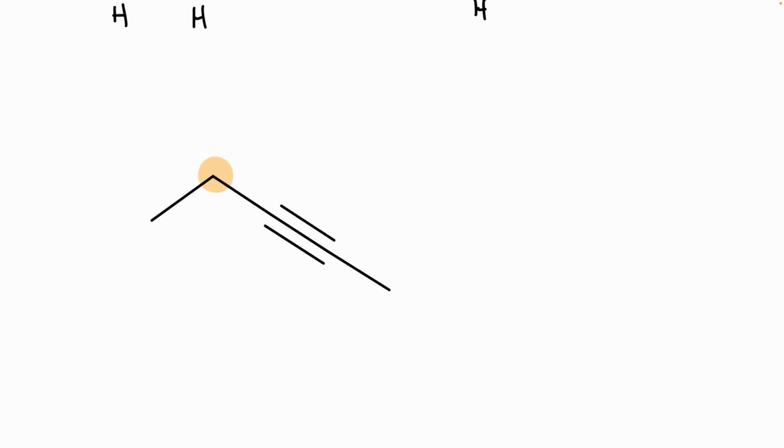Okay. When we're doing our alkynes, because they're represented in this straight line here, people very often forget there are carbons, let's say, on either side of this triple bond here.